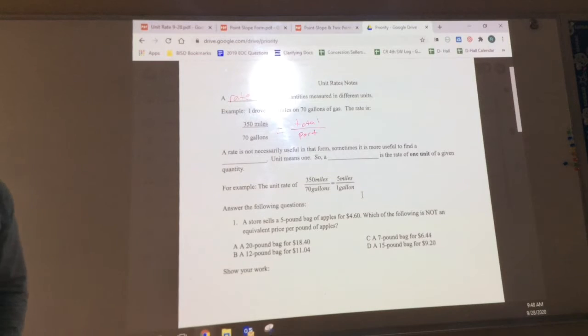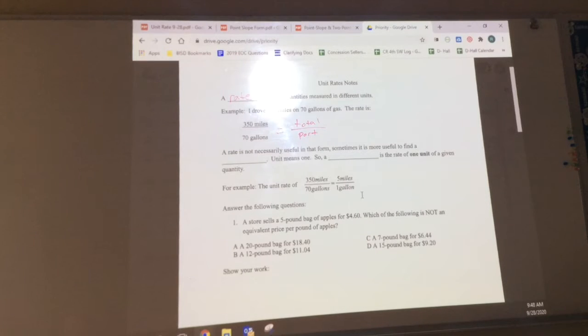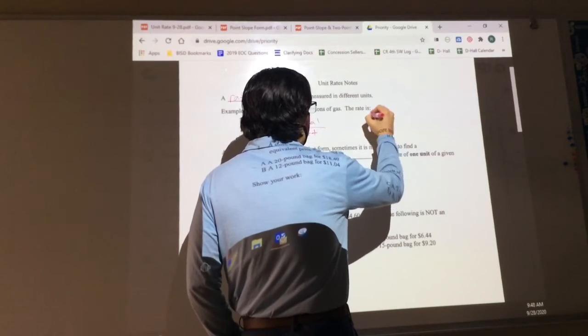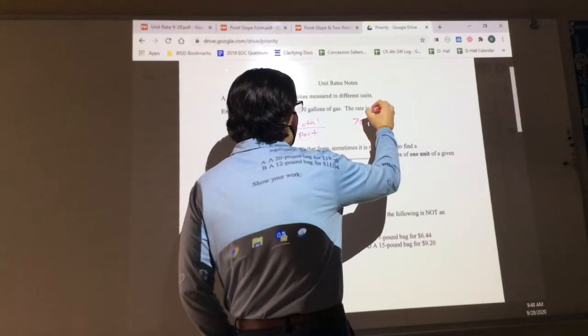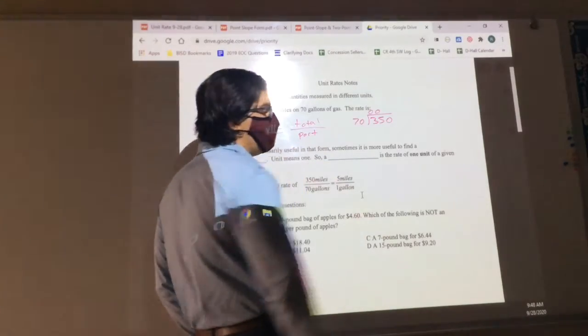Does anybody know how many gallons I was able to get per? What is 350 divided by 70? Do we know? It's 50, right? No, it's 5. No, it's gotta be 2. I mean, 50 would be a lot.